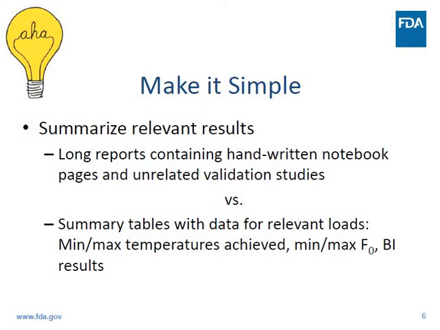This is more difficult to assess than a validation report that clearly summarizes the data in tables for just the relevant loads. So for example, for an autoclave study, we might look at the temperatures achieved, the lethality achieved, and the BI challenge results. If that's put together in a clear table telling us how it relates to your commercial production, then that is much easier to assess.